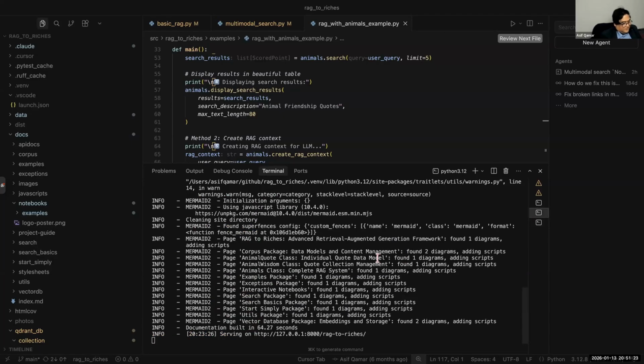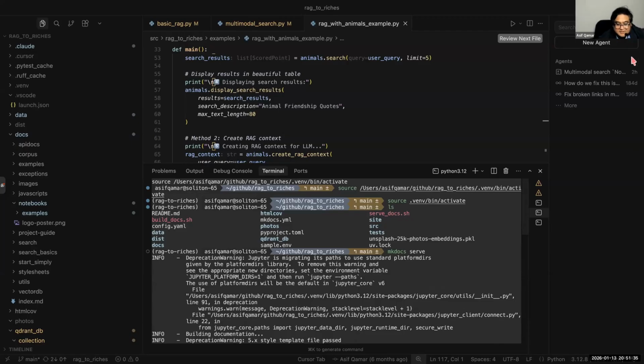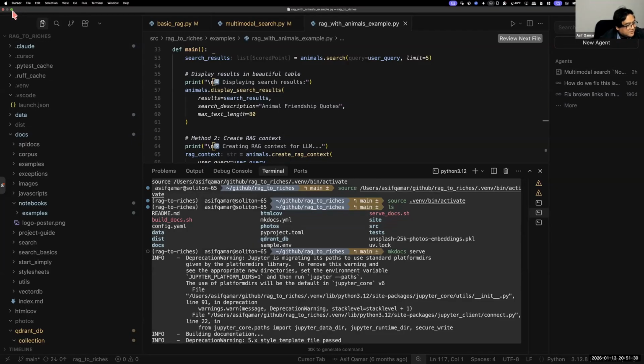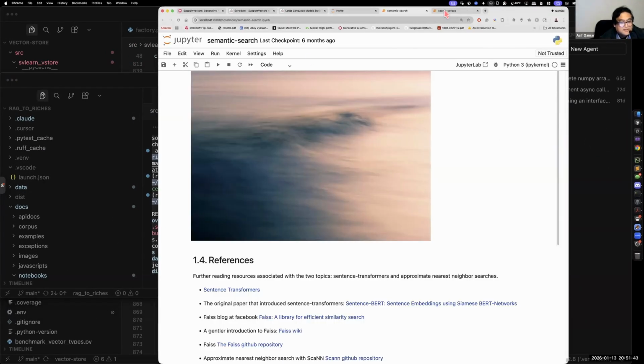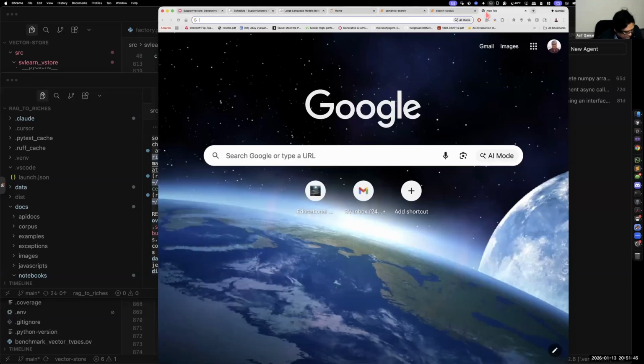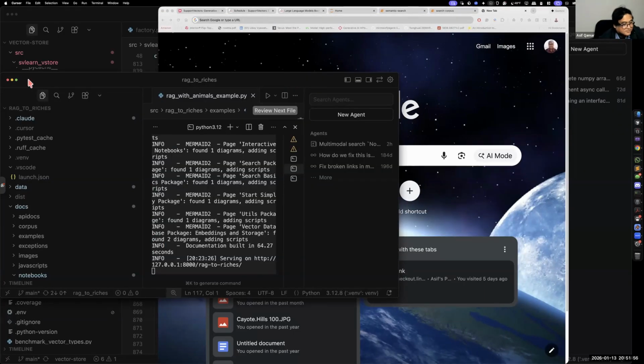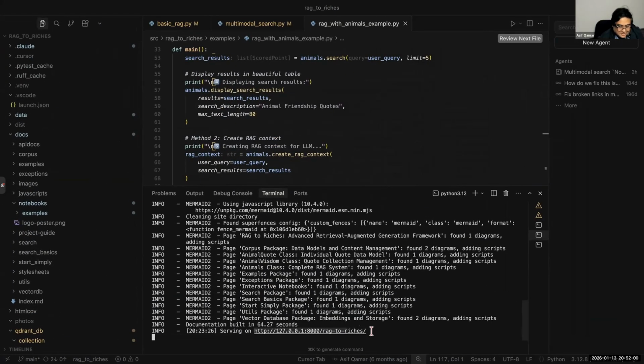One more thing I must tell you, to make it easy for you to navigate this code base, we have given you a copy. Those of you who are not familiar with MKDocs, it is worth mentioning that you should look at.